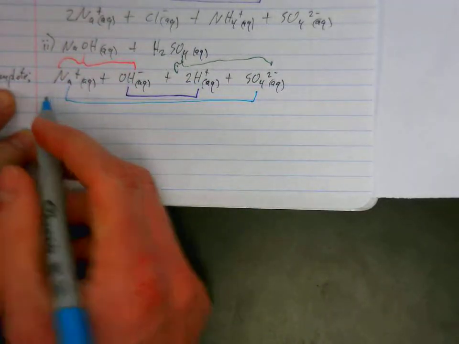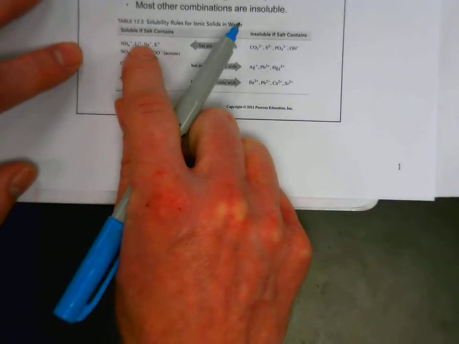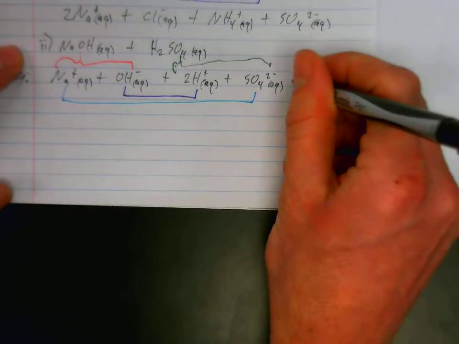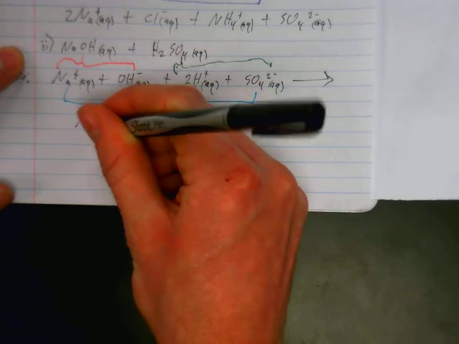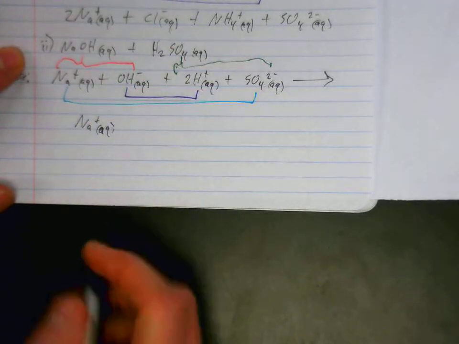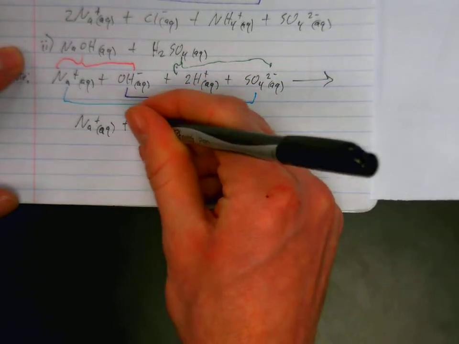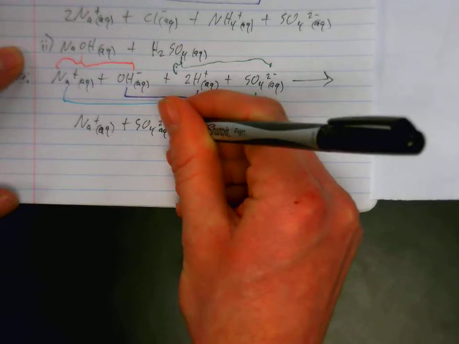So let's take a look at sodium and sulfate first. So we have sodium and we have sulfate. And so those are both on the soluble side of this table. So we can predict sodium will remain as an ion, and sulfate as well will continue to be dissolved or aqueous.